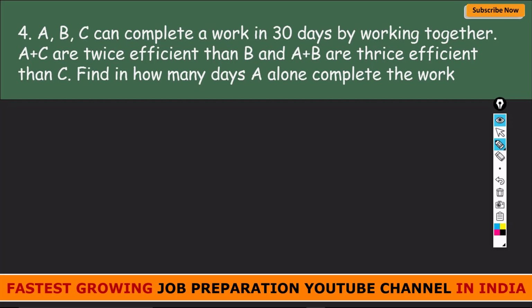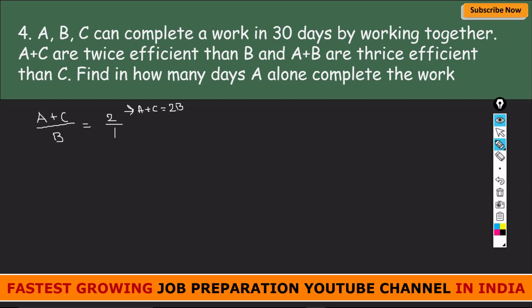First, what it has given is that ABC can complete a work in 30 days. Perfect. A plus C are twice as efficient as B. So let us write here A plus C is twice as efficient as B. So A plus C by B will be equal to 2 by 1, as A plus C is twice of B. I can write this in this form.